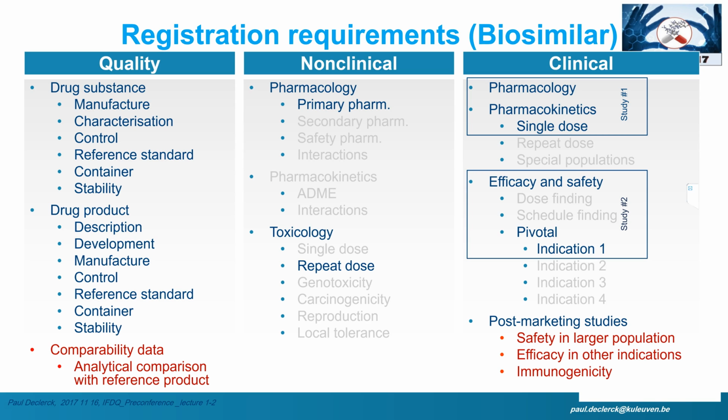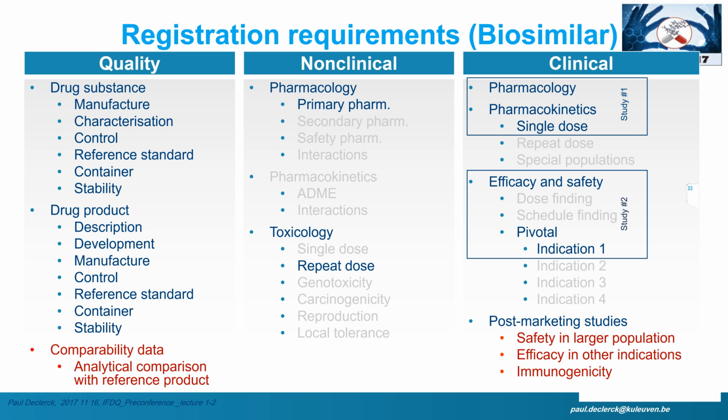It also has an important implication for the use of a biosimilar. The fact that we have, first of all, less clinical data, not only in fewer indications, but also usually in a smaller number of patients, implies that we will need some more post-marketing information once a product has been approved.